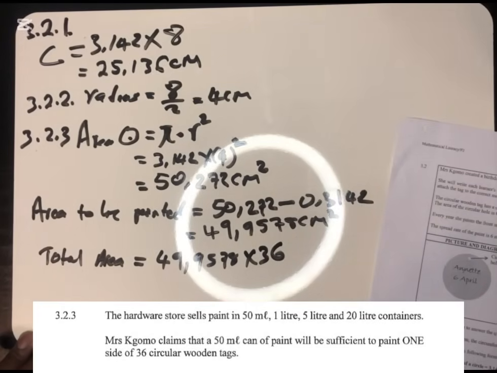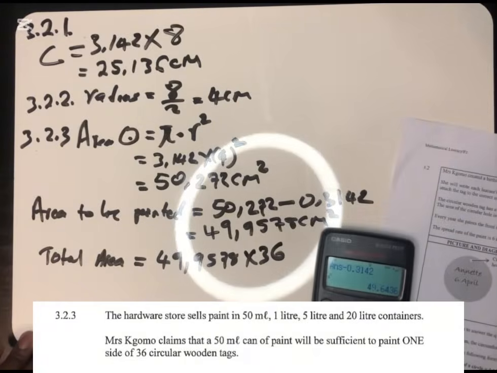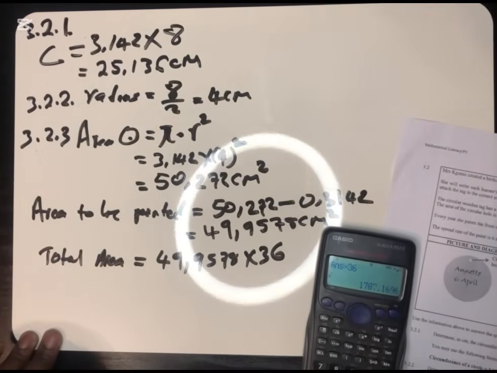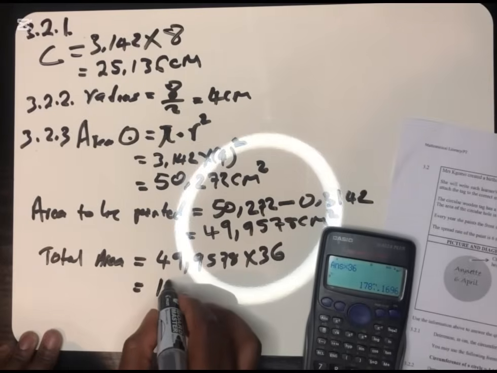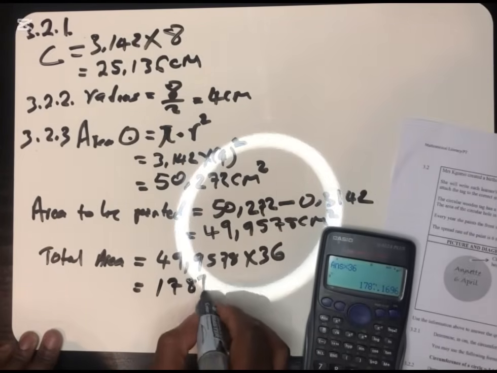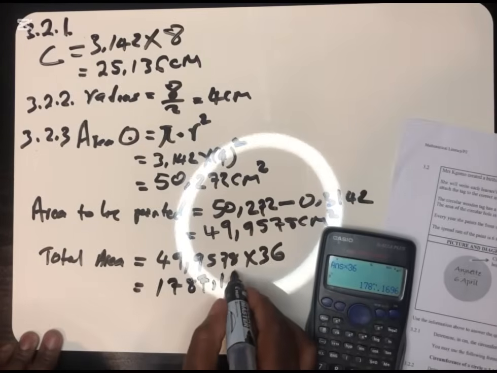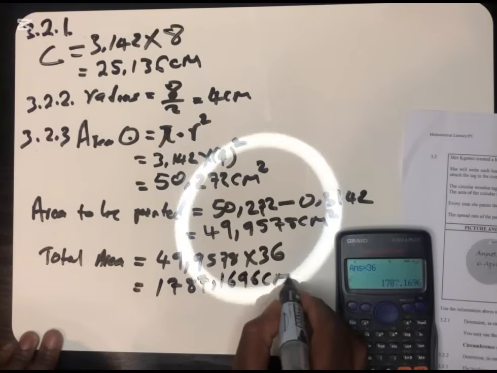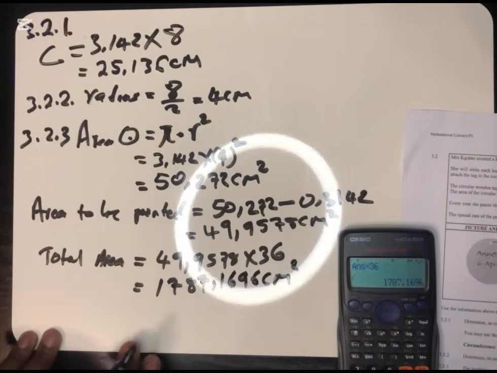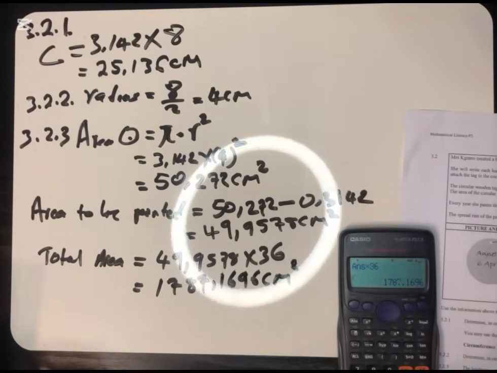When we multiply this by 36, we find that it amounts to 1,798.2... 1787.61696 centimeter squared. This is the area that needs to be painted, in centimeters squared.